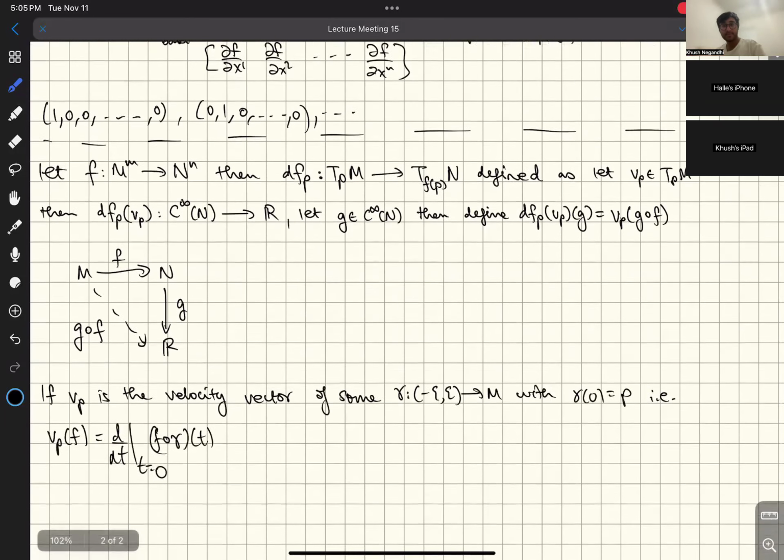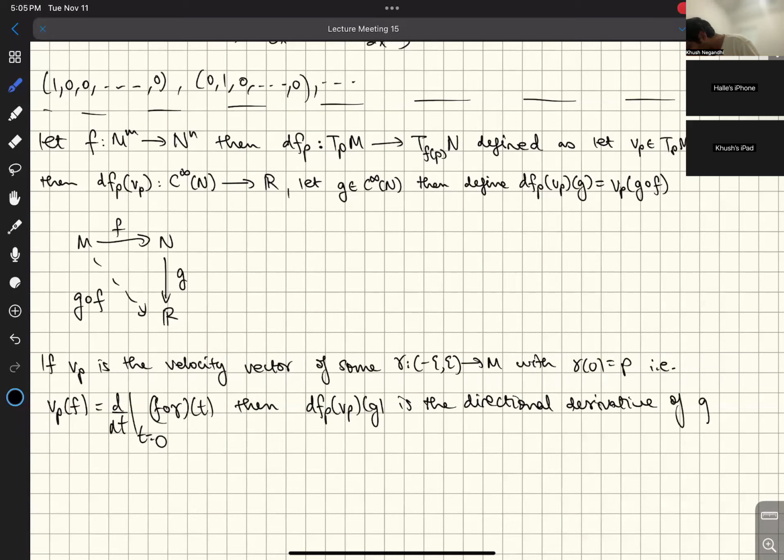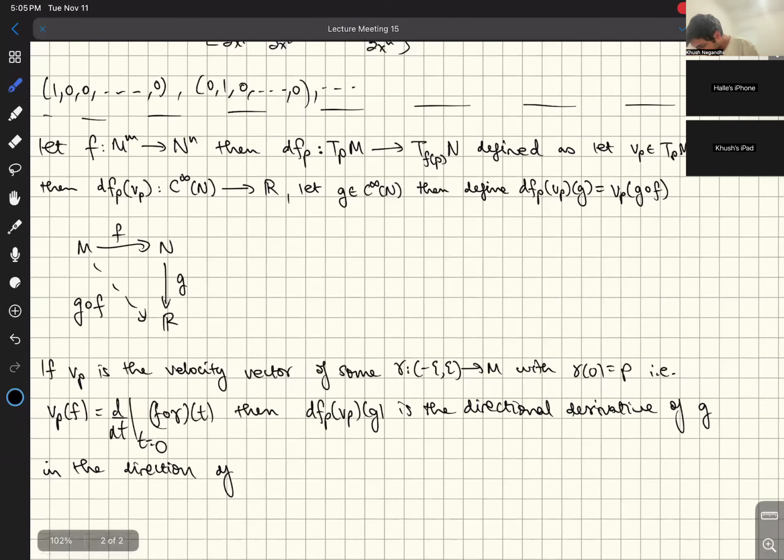Okay. Then dF_p(Vp) g is the directional derivative of g in the direction of f gamma.